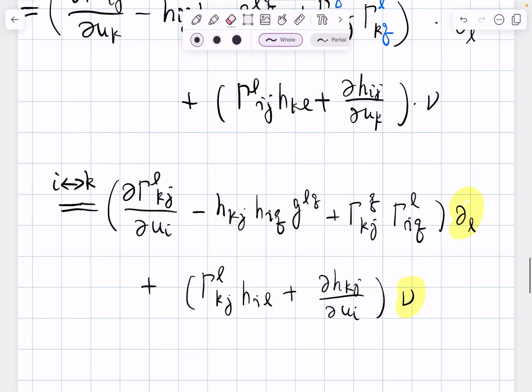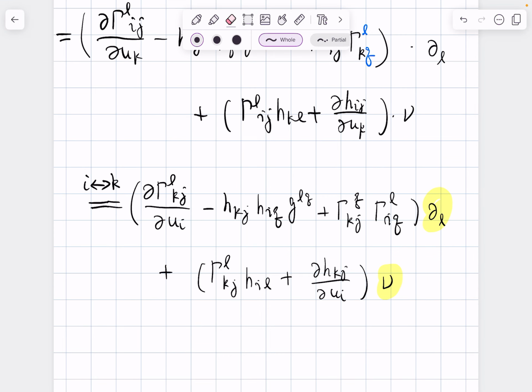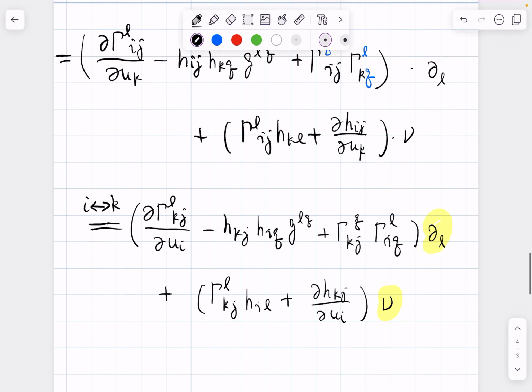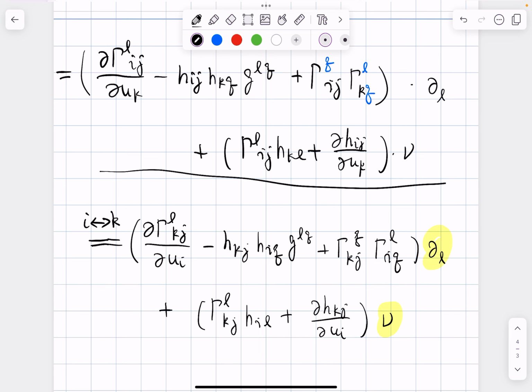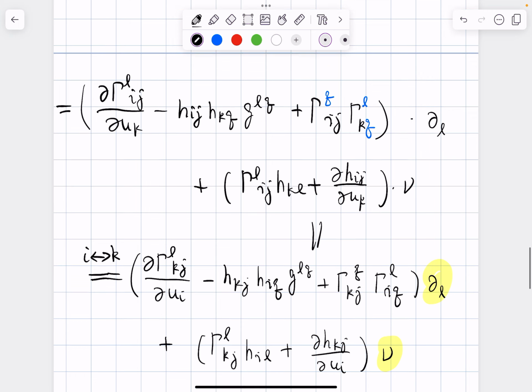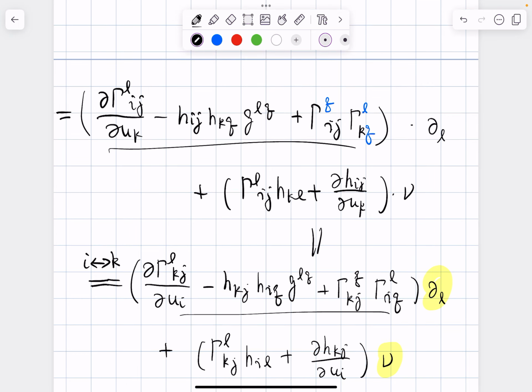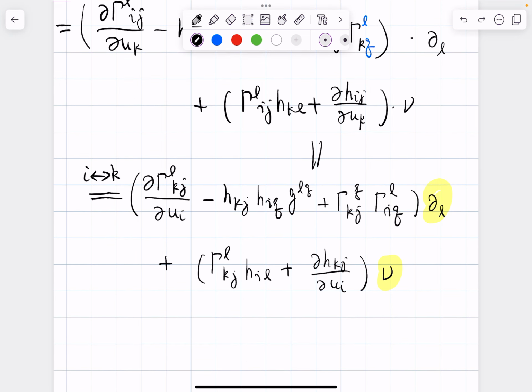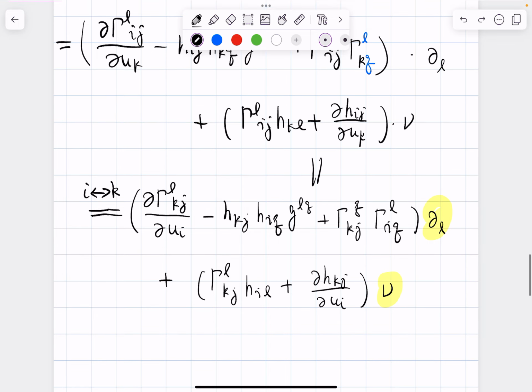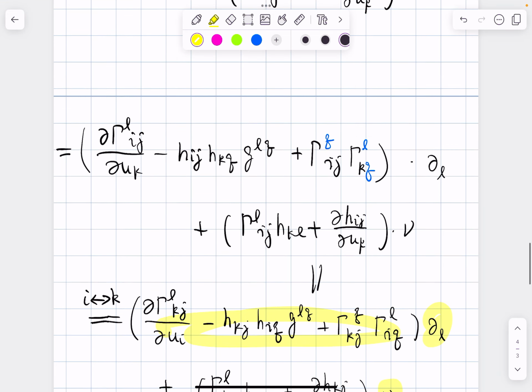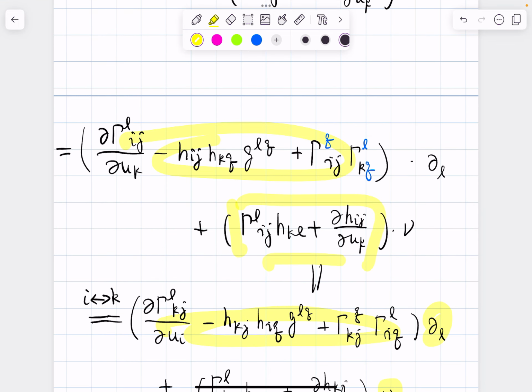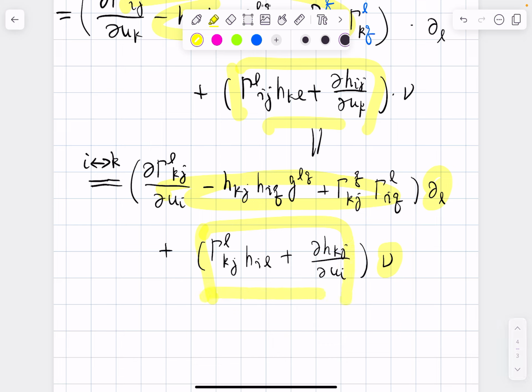So the coefficients should match each other. Now, because the upper thing equates the lower thing, the coefficients should match. So this would be equal to this, and this would be equal to this.